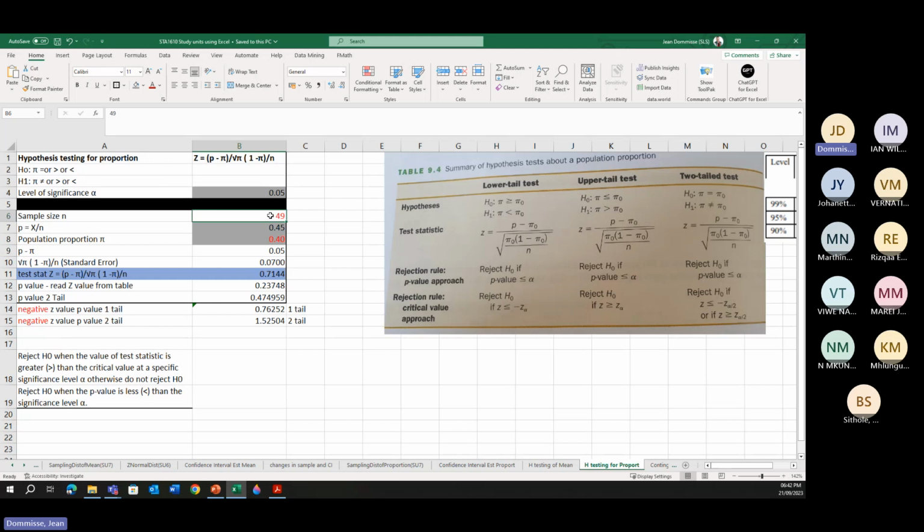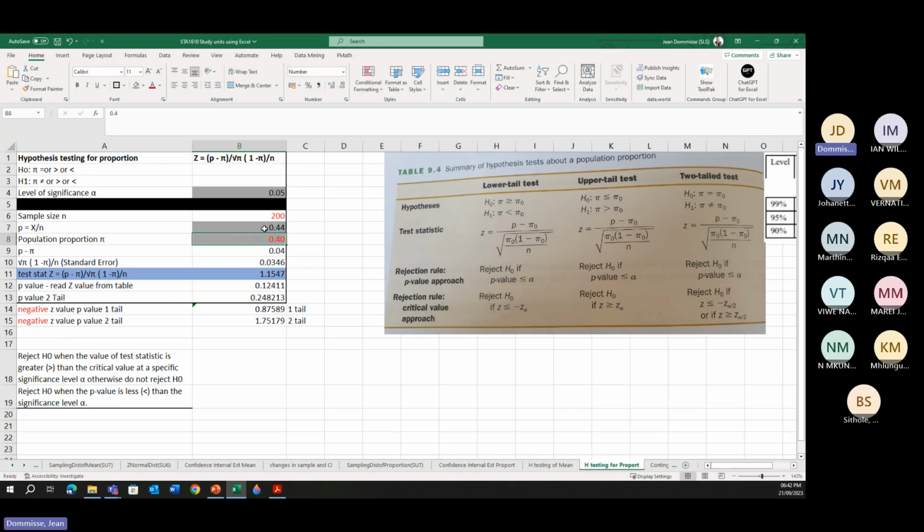The sample size was 200. The P, so X divided by N, was in this instance 88 divided by 200.